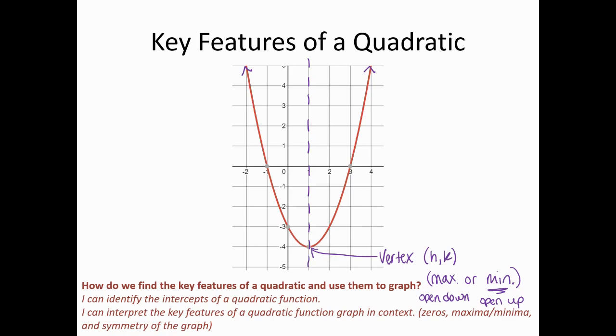And so there's the axis of symmetry that we are going to label right here. That is x equals h. So we take that h value from the vertex, and this again is called the axis of symmetry.